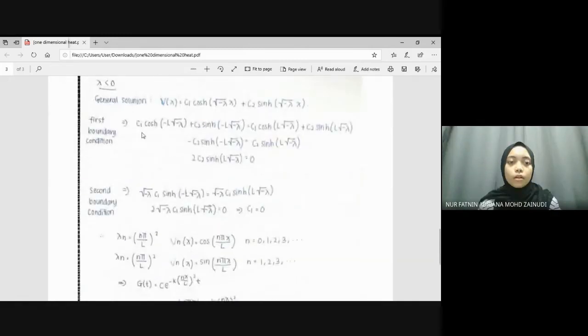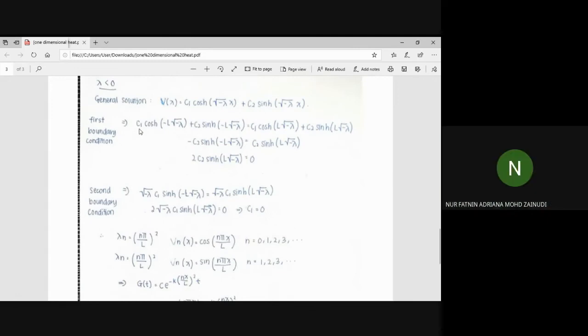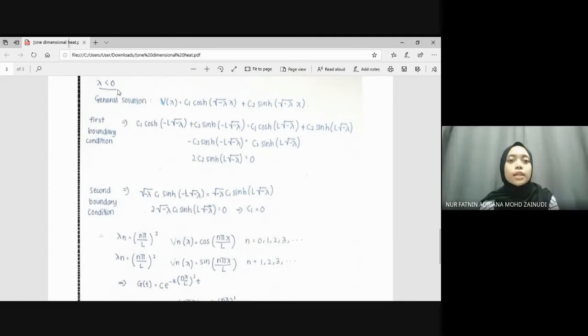So next is the third case, which is lambda less than 0. The general solution for this case is V(x) is equal to C1 cos square root of negative lambda x plus C2 sin square root of negative lambda x.